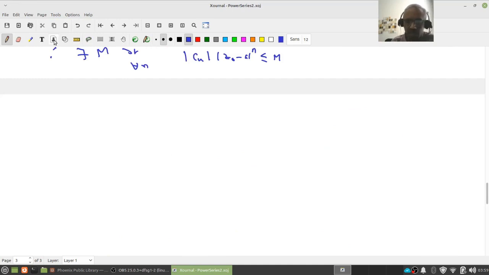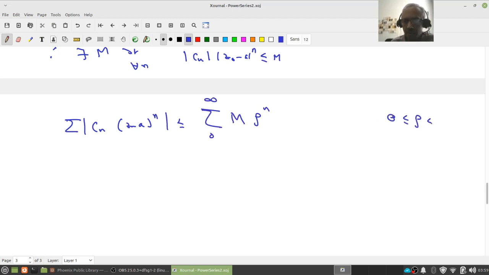So what do you think I have got? I have that the summation of mod Cn (z minus a) to the power n is less than or equal to summation M rho to the power n, where rho is less than 1.